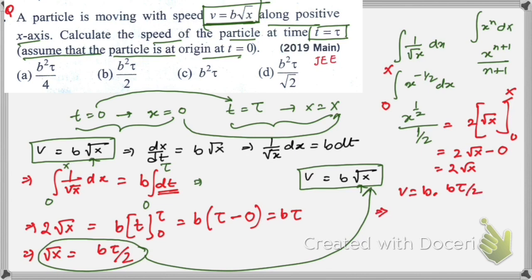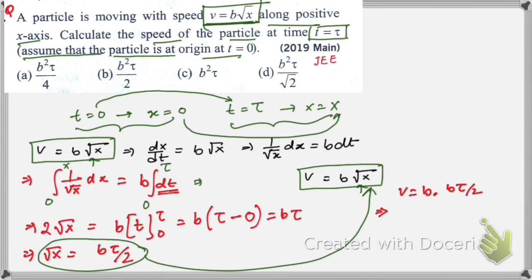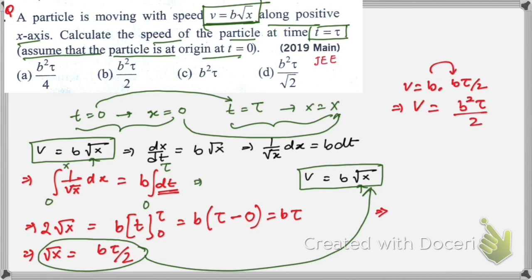Let me clean these things. So now v is equal to b into b tau by 2, that is b square tau by 2. So this is the answer. Which option is correct then? Option B. Hope you have understood this.